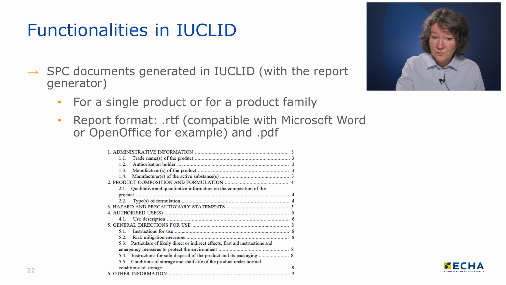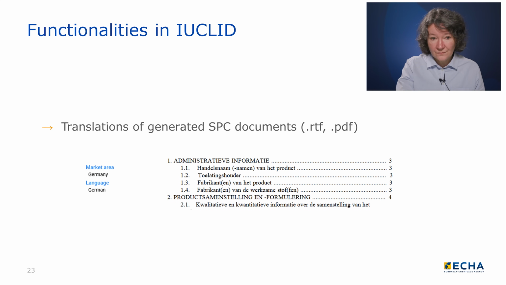The structure of the document is well known to you, as it was in the SPC Editor. Generated reports can also be translated. This is done by selecting the language in the dedicated part of the dataset called the dossier header. When a language other than English is specified, the report is generated in the selected language.